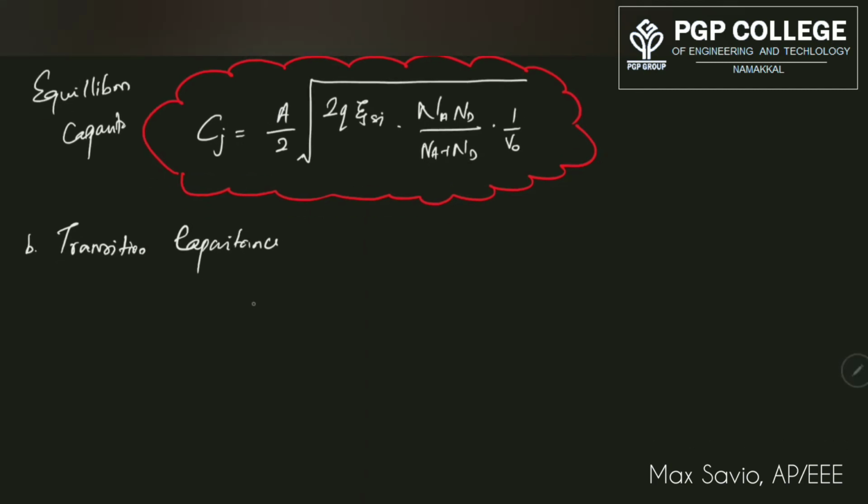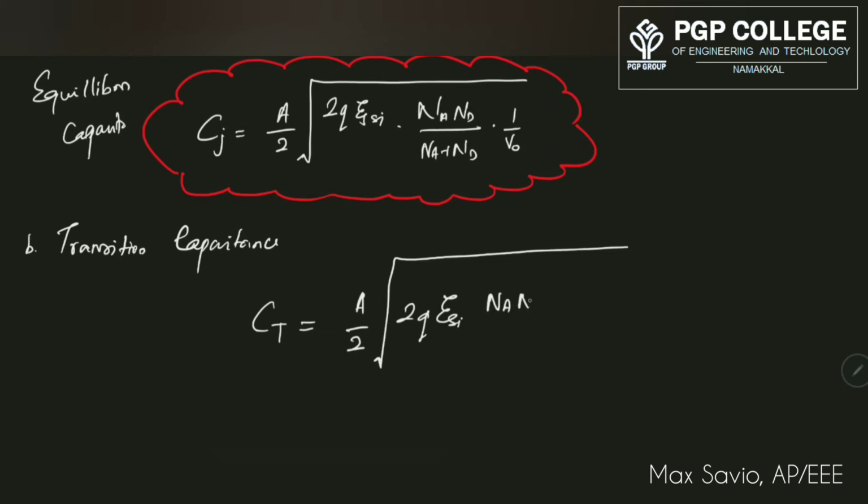On keeping on increasing that value, the voltage expression value will change. So we can represent it as Ct given as A by 2 the whole root of 2q epsilon Si Na Nd divided by Na plus Nd into 1 by V naught plus Vr, because the voltage we are giving increases the depletion layer.